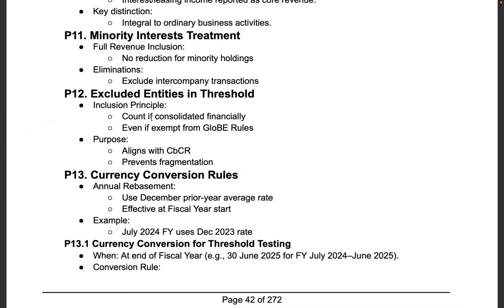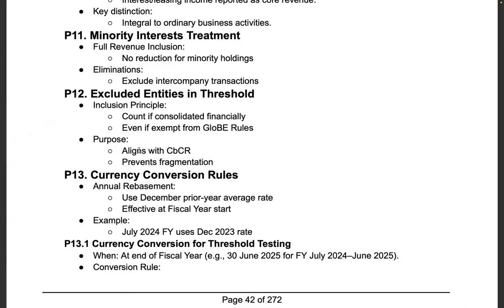They'll be counted if they are consolidated financially, even if exempt from GloBE rules. So while calculating the revenue threshold, the revenue of those entities, even if they are exempt from GloBE rules, will be considered if they are consolidated.